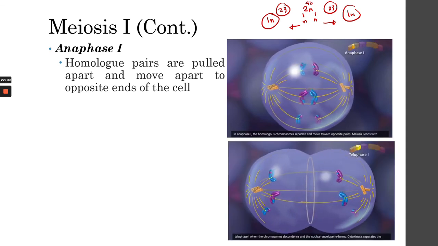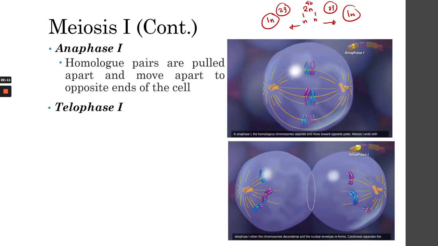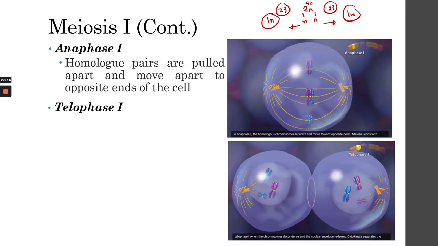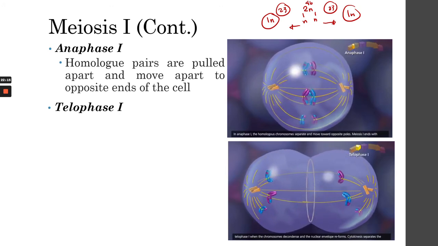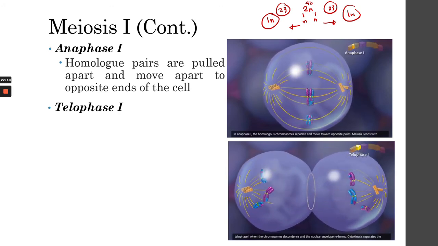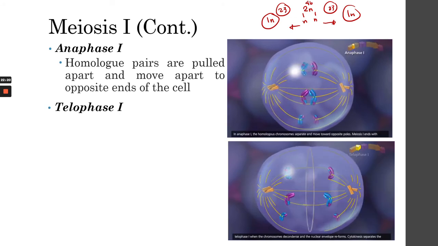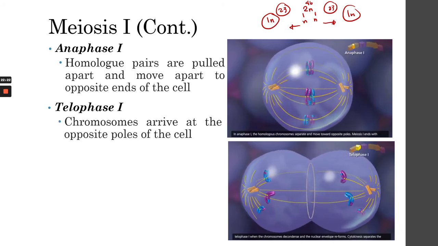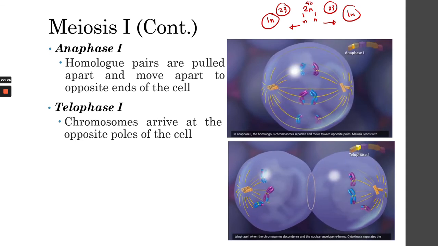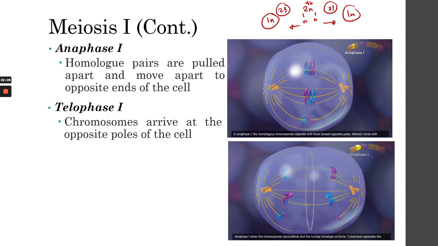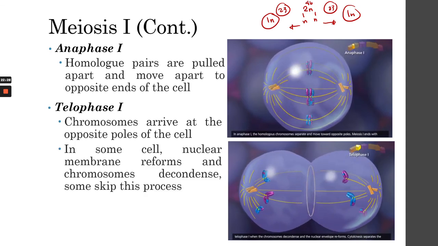And in telophase 1, it's basically where we finally separate the cell, creating two daughter cells that have half the set of chromosomes from the original parent cell. So the chromosomes arrive at the opposite poles of the cell.